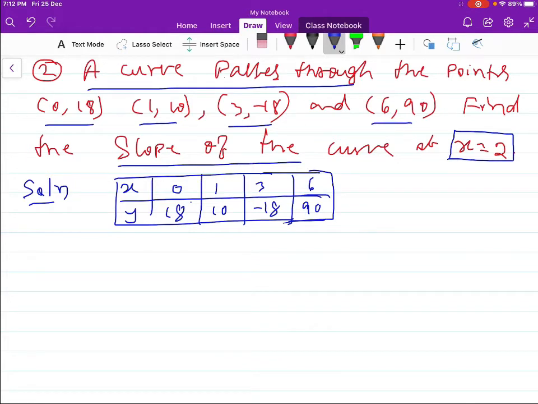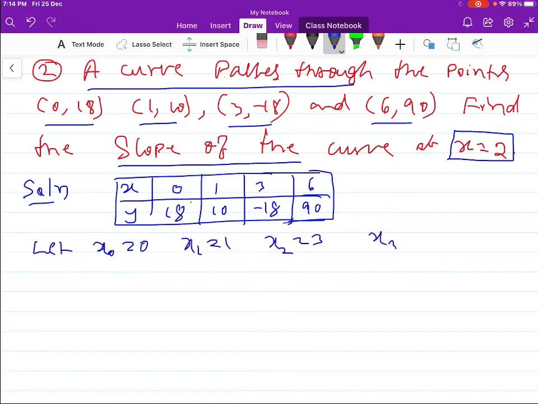So by using these data points, how do we find the interpolating polynomial? By using Lagrange's interpolation formula, because you cannot apply Newton's forward or backward interpolation formula, since the values of x are not equally spaced. Therefore you have to apply Lagrange's interpolation formula.